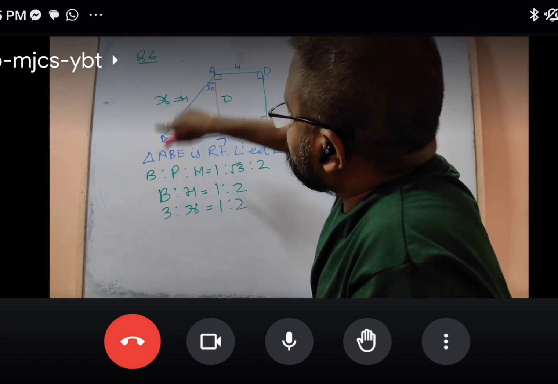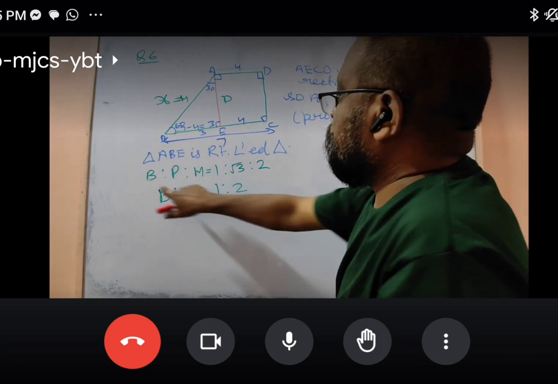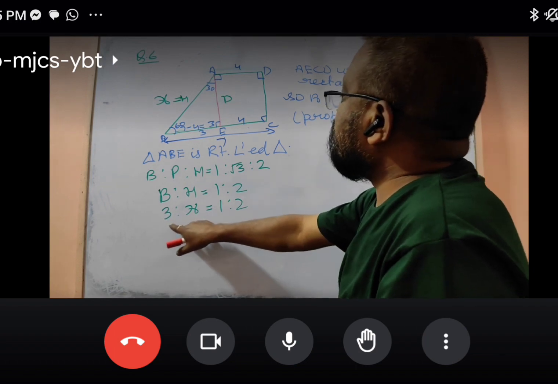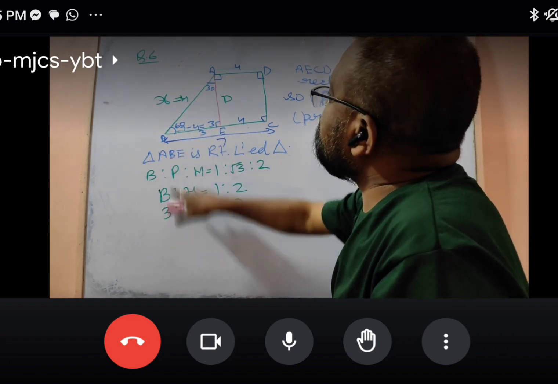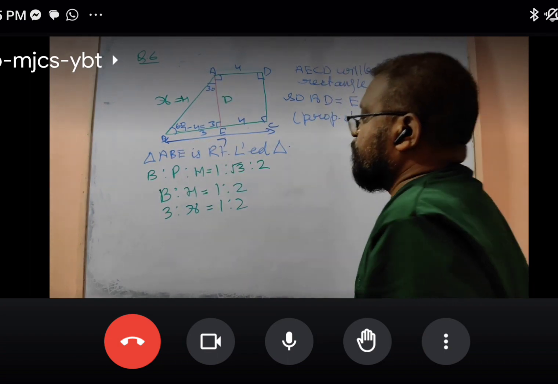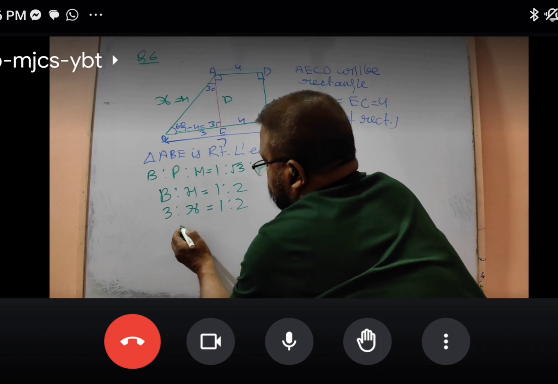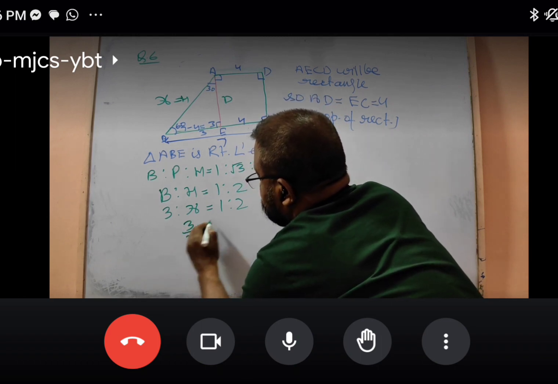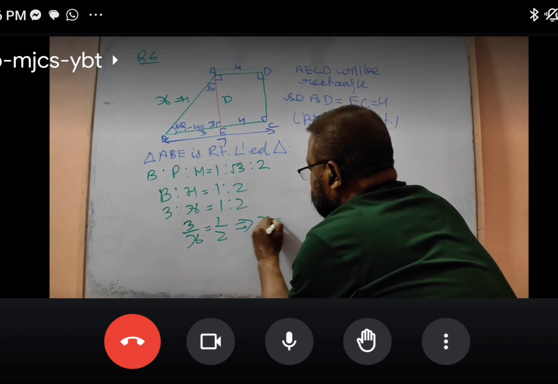I put the value, base is BE. So 3 upon x is equal to 1 by 2. So therefore x is equal to 6 units.